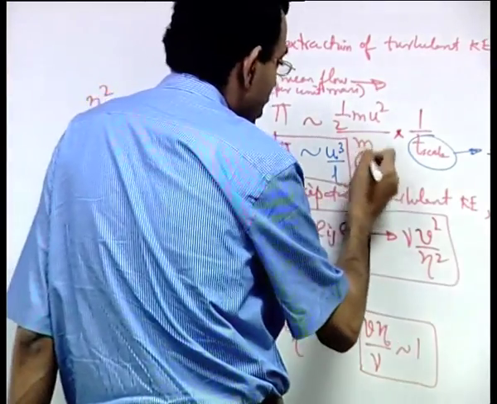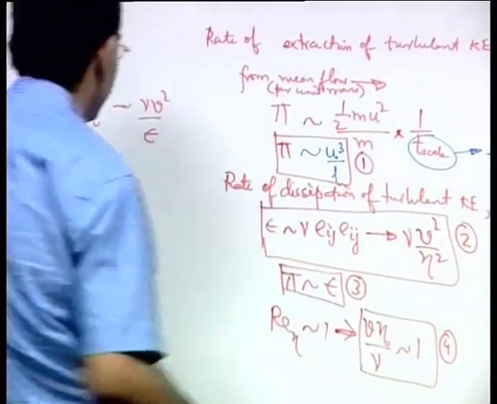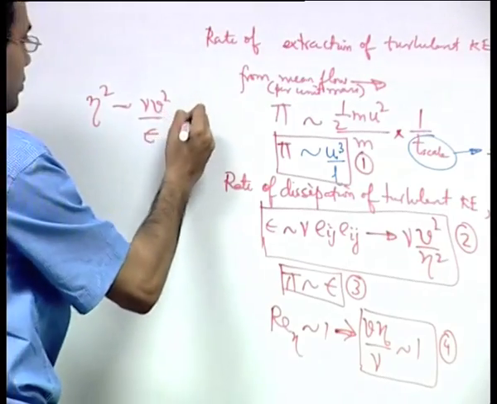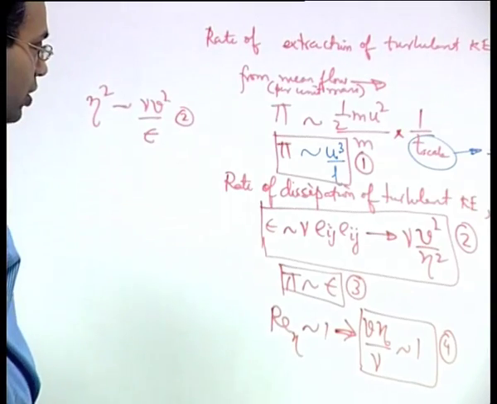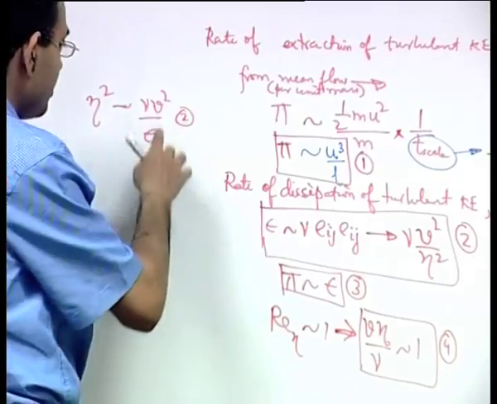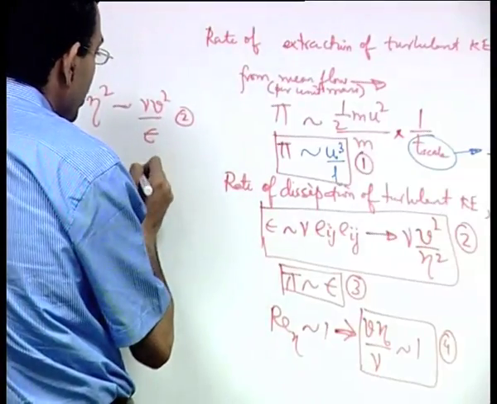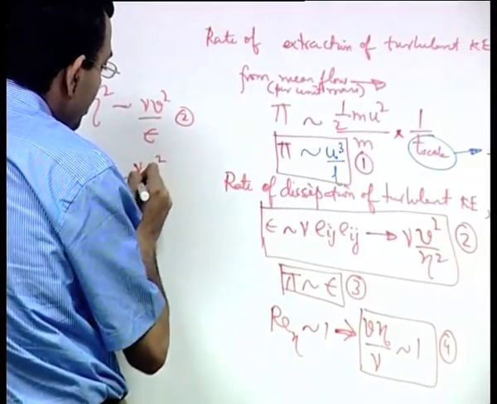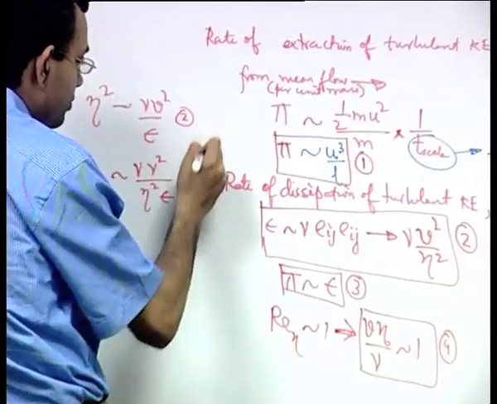So if you call this as 1, 2, 3, 4, this is from 2. Eta square is of the order of nu V square by epsilon. Now from 4 you can replace V and write V is of the order of nu by eta. So nu into nu square by eta square epsilon, this is using 4.